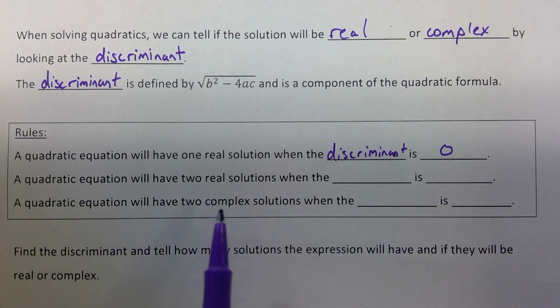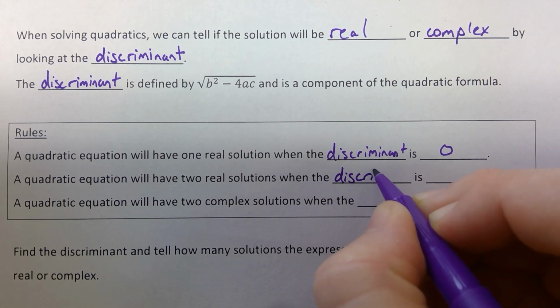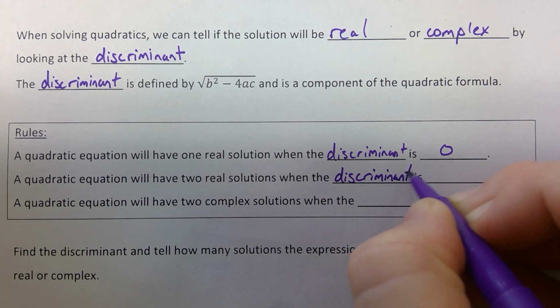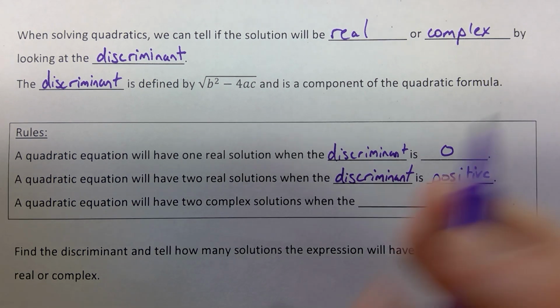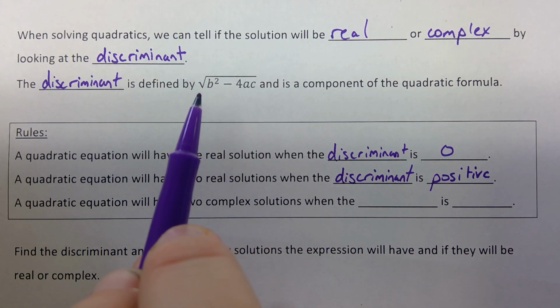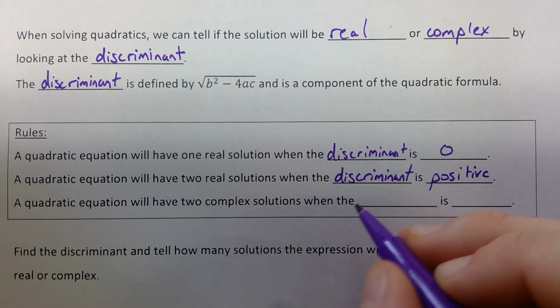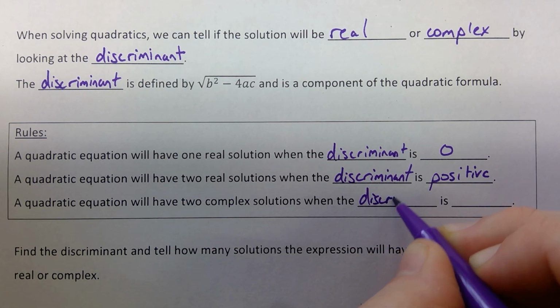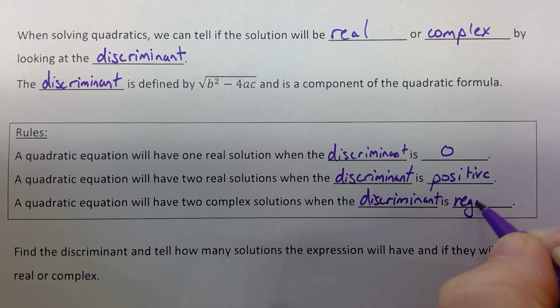We'll have two real solutions when the discriminant is positive, because we're taking a square root, and inside the square root we want it to be positive for real solutions. And if it's complex solutions, that means the discriminant inside the square root is negative.